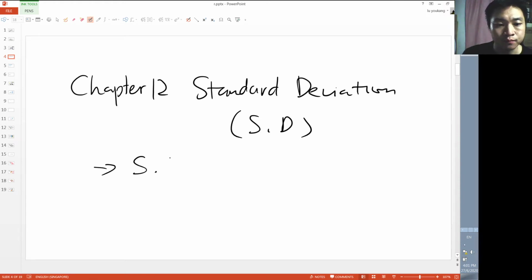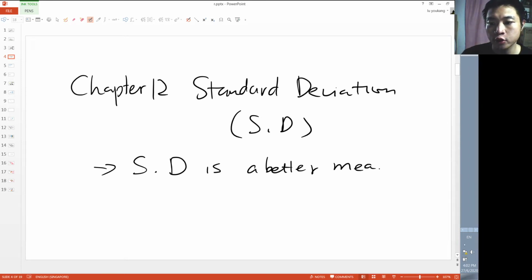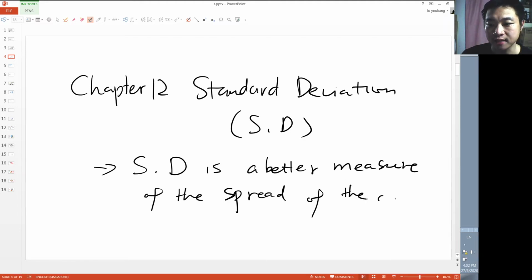Standard deviation is a better measure of the spread of the data set. Without further ado, let me go to the next slide and look at one example.